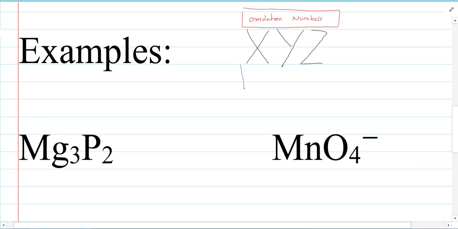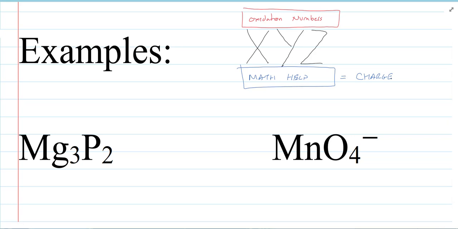Down here in blue, I almost always use blue in class, this is my math help, and it always equals the charge. So the oxidation numbers always add up to the charge. But they might not look like they add up because I might have a -2, a +3, and a -2, but because of subscripts, the red numbers you get through some mental math. The blue will just be straight across.